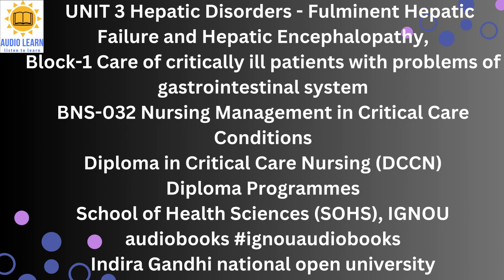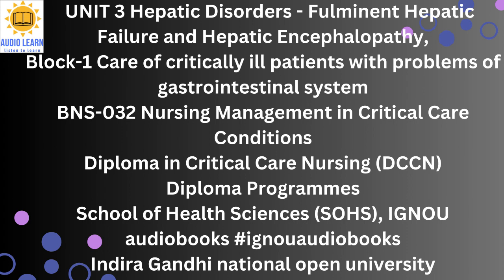Grading of symptoms. The symptoms can be divided into the following 4 stages. Fig 3.3. Stage 1: euphoria or depression, mild confusion, slurred speech, irritability, decreased attention, disordered sleep rhythm, slight asterixis, and normal EEG. Stage 2: lethargy, moderate confusion, marked asterixis, and abnormal EEG, personality changes, intermittent disorientation, suppressed level of consciousness but responsive to painful stimuli.